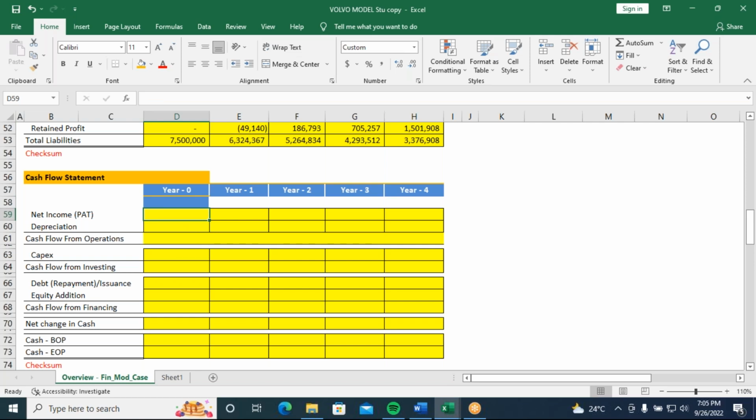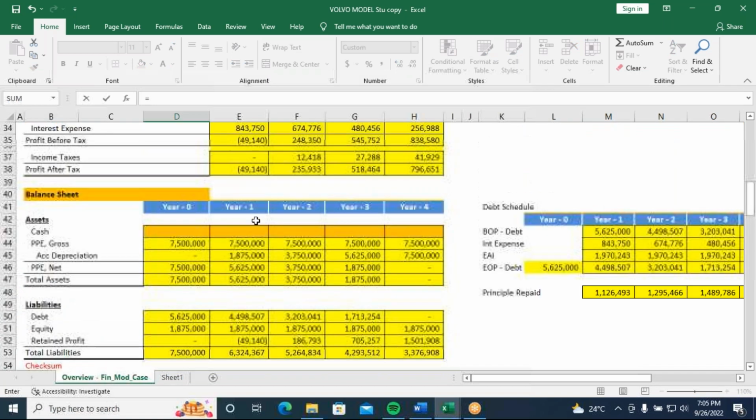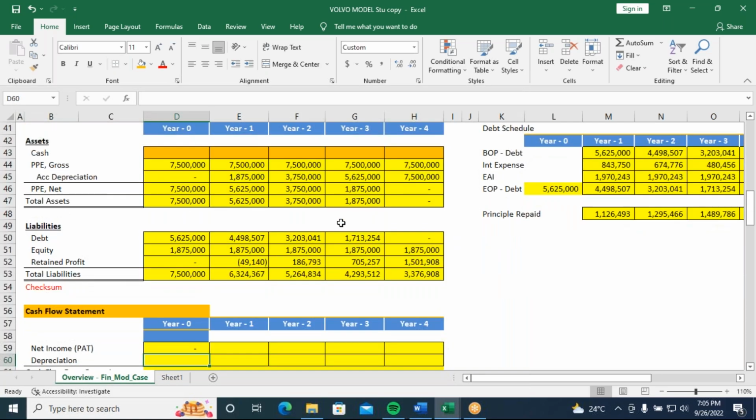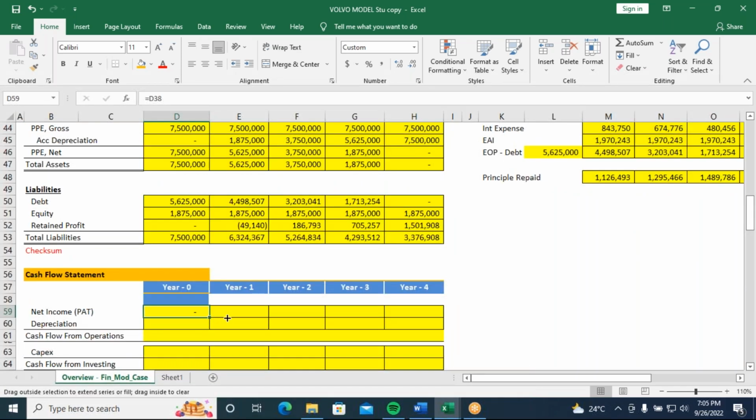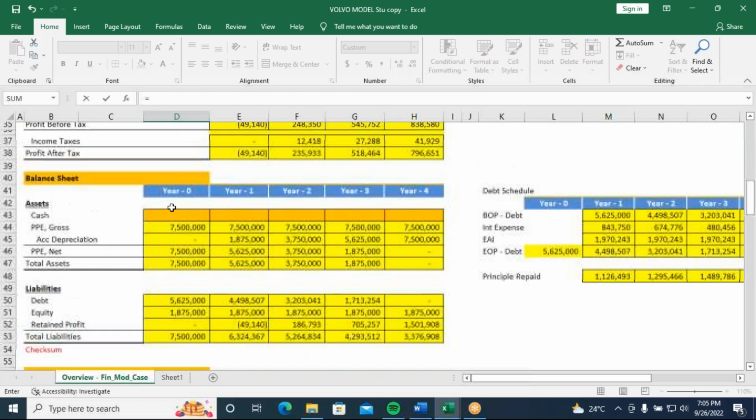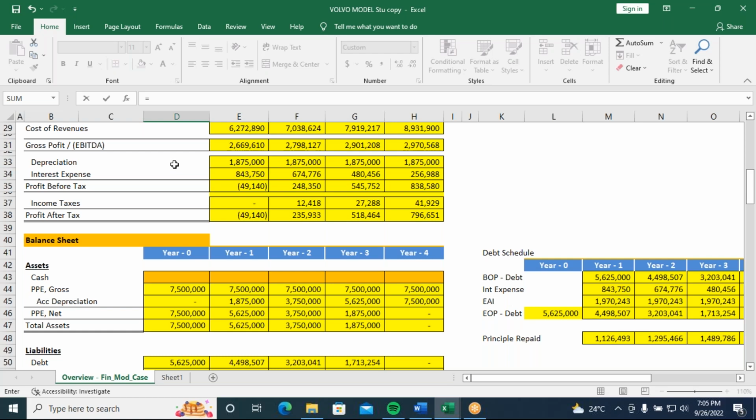So now let's calculate the PAT, profit after tax. At the beginning, there was nothing. I'll just click and drag till the last. Then the depreciation is equal to, here we have calculated the depreciation.